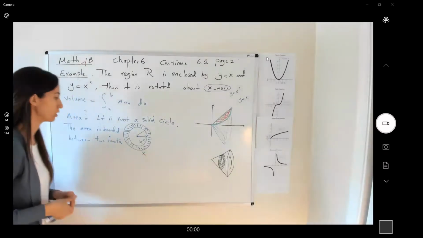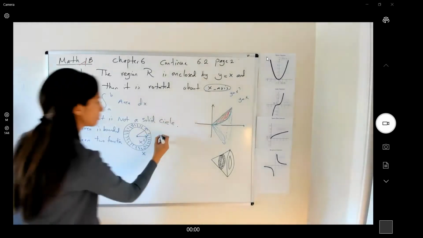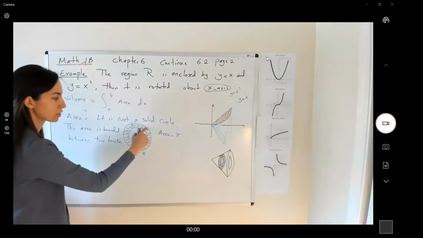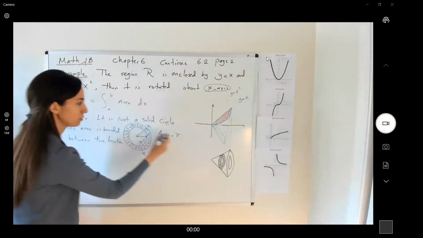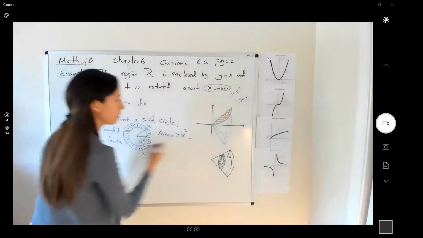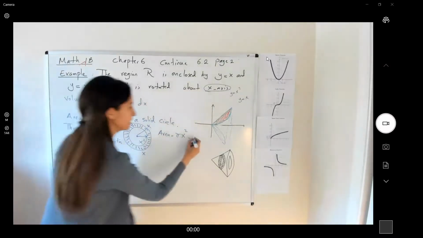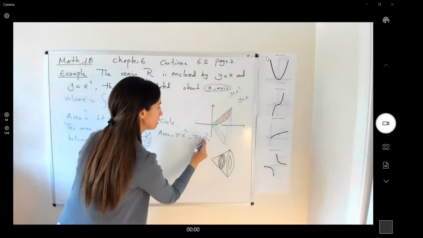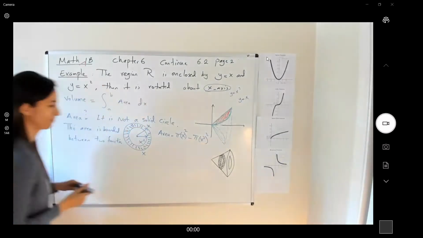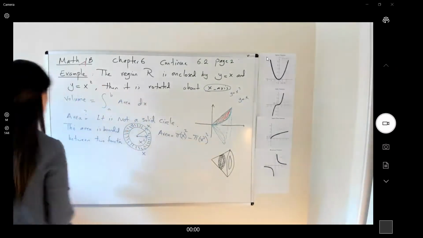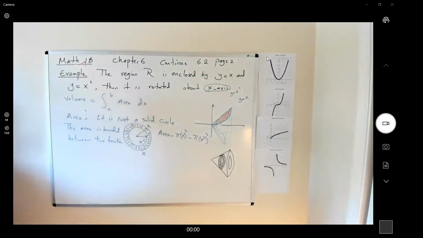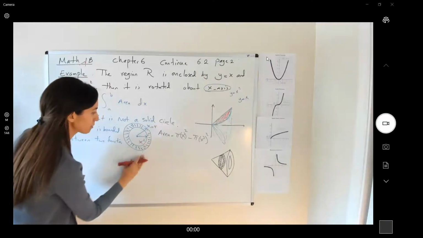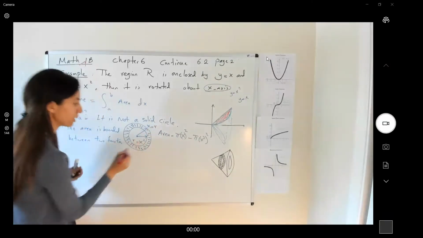So the area is equal to pi r squared, pi x squared minus pi x squared raised to the second power. This is your first radius, outer radius, and this is your inside radius, r.